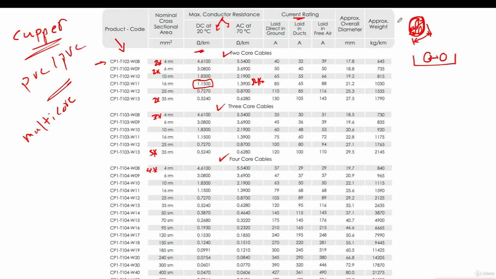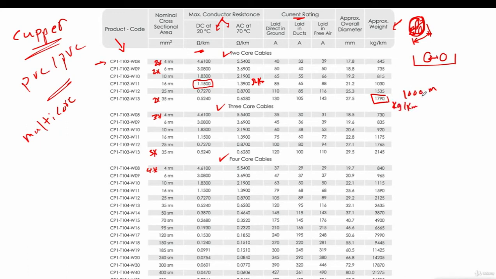And this column is for approximate weight, and approximate weight is in kilogram per kilometer. What does it mean? It means, for example, for 35 square millimeters, for 1,000 meters of this cable, the weight of this cable shall be 1,790 kilogram per kilometer.